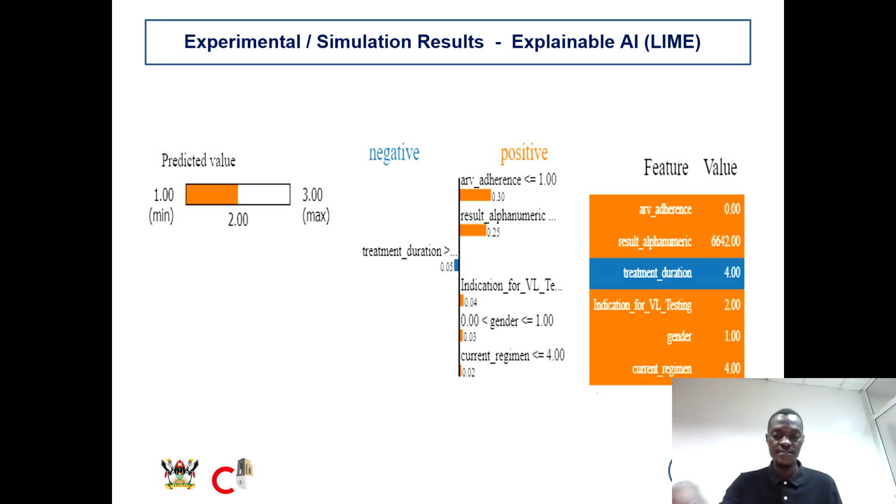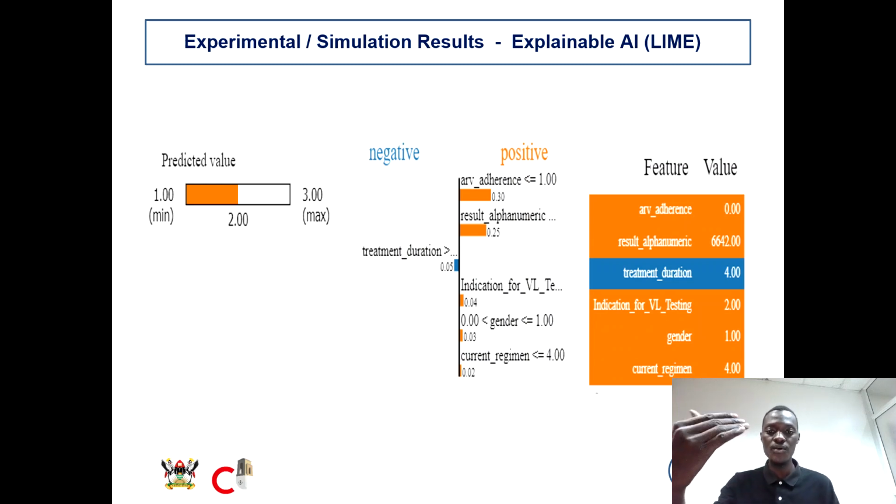As well as this, in our Jupyter notebook code, we were able to create the mean, and we compare it with these results from LIME. So when you realize that the value you're having here is less than the value you have in the mean, it shows it is on the negative, it is not contributing to what we want.